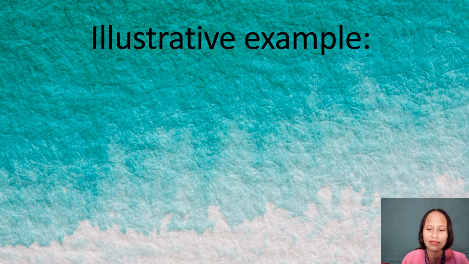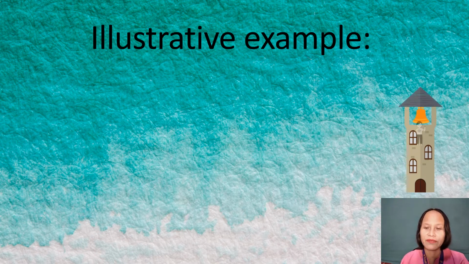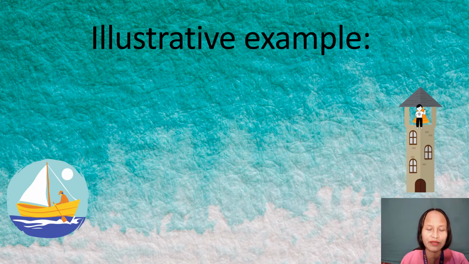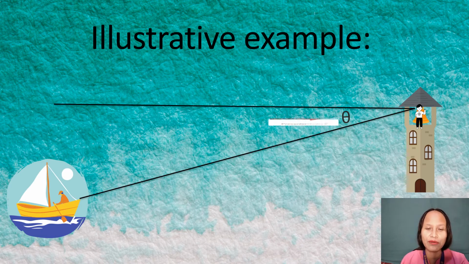Another is, if we have this bell tower and the observer is here and the object is there, the boat, from that angle, the horizontal line of sight of the observer to the object below, the angle formed is an angle of depression.